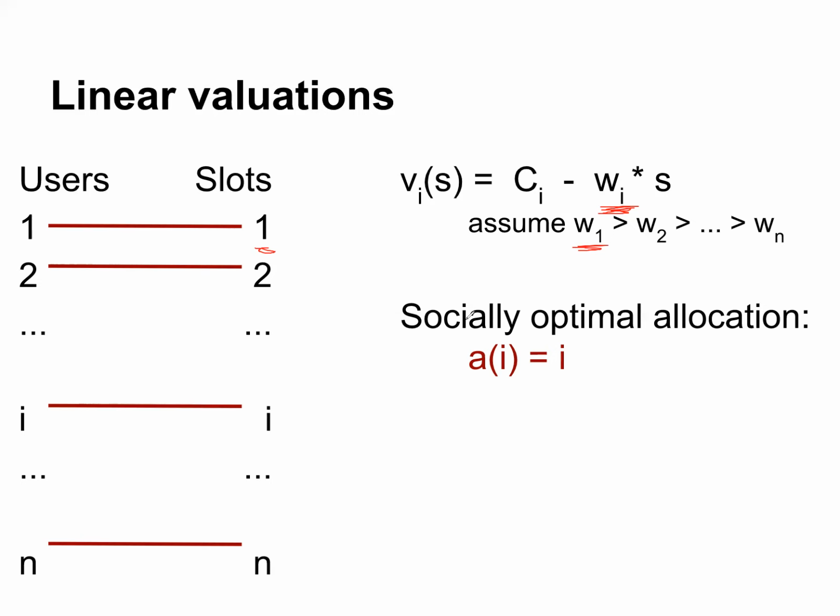So if you do this wonderful socially optimal allocation, asking the users to report their evaluations, well, they can also report this, but that kind of doesn't matter. That's a constant, doesn't depend on the slot. So you would be asking the users to report their weight factor or impatience or whatever you want to call this, how much the users lose from being delayed, from being assigned to later slots. The users will have the incentive to lie.